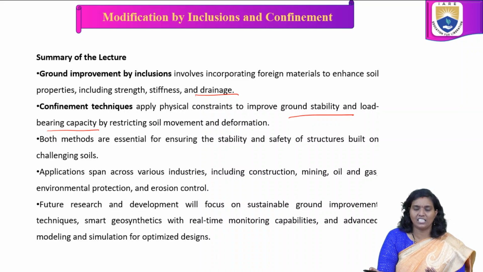Both methods are essential for ensuring the stability and safety of structures built on challenging soils. These applications span various industries including construction, mining, oil and gas, environmental protection and erosion control.